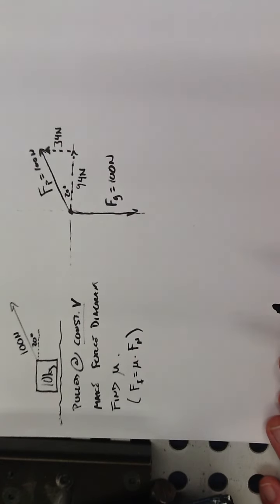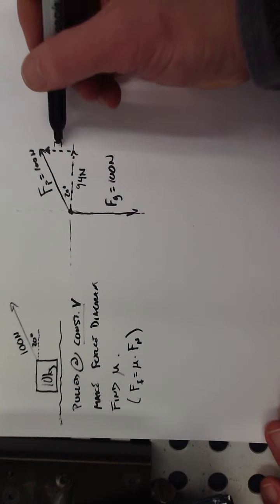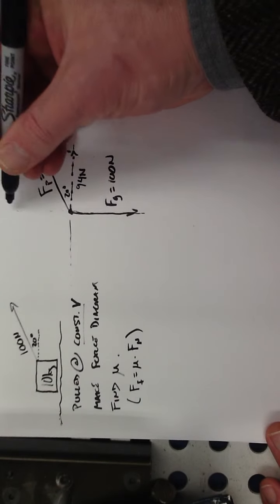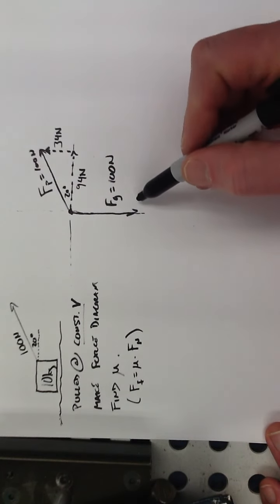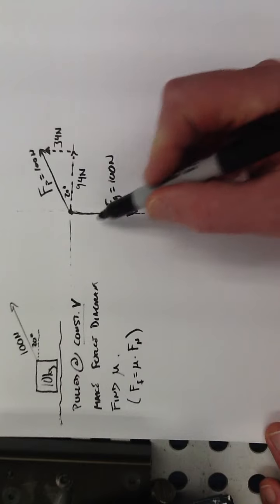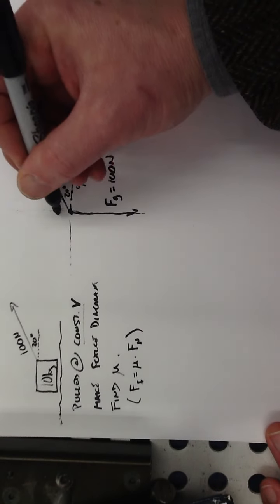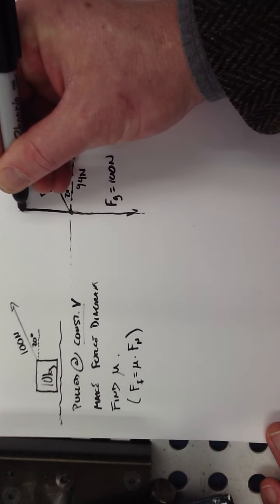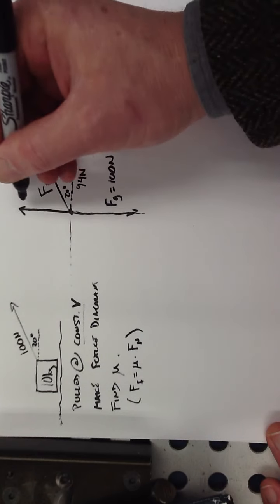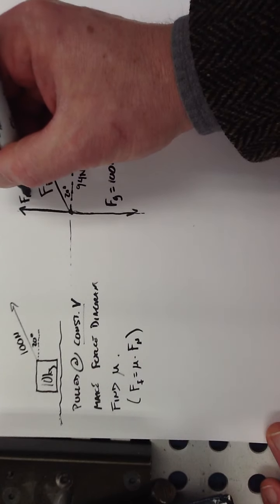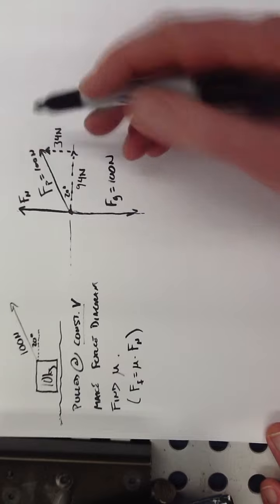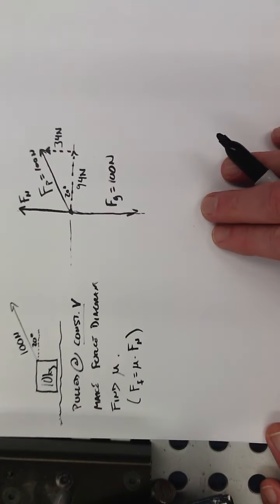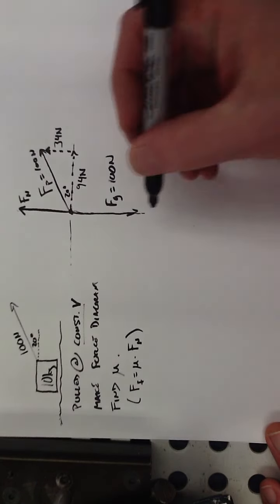Okay, now what other forces do I have in this diagram? I know that the forces are balanced. Now, to balance in the up direction, we have that support or the normal force. How big will it be? Will it be 100 newtons to balance the force of gravity? No. Why not? Because there's also an upward part of this. So I want you to look at the diagram. This is why the arrowheads are so important.